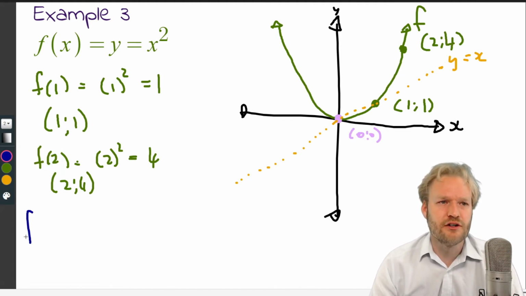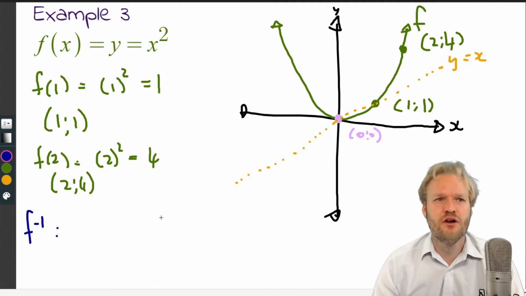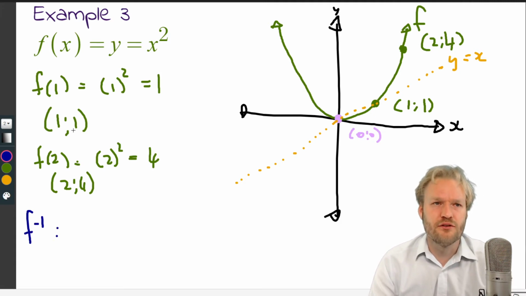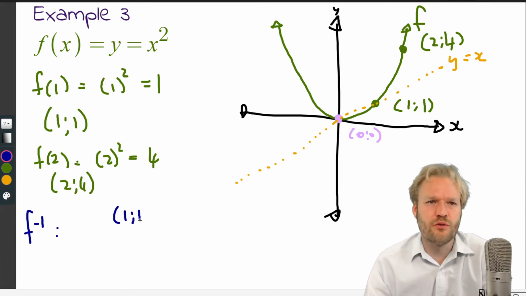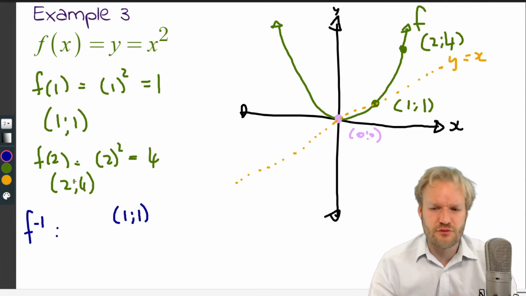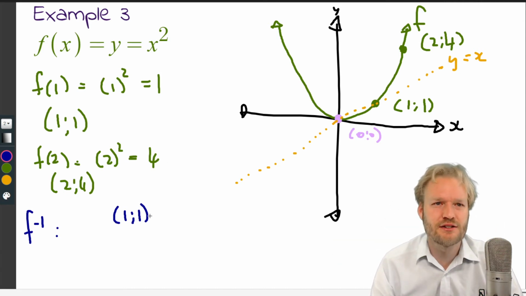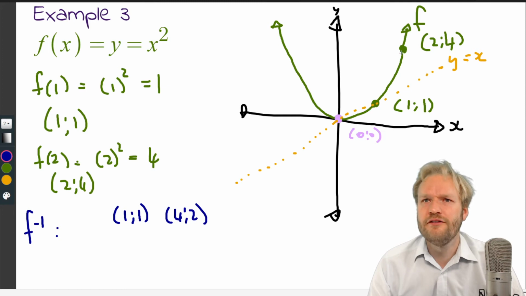So for our inverse, f minus 1, we know that we must have the point 1, 1. And we know we must also have this point, but remember x becomes y, y becomes x. So we must also have the point 4, 2. But now 4, 2 is more like it's over here. Like here, let's say.